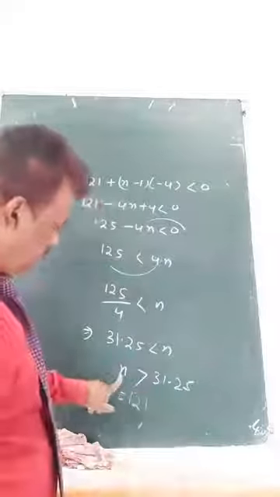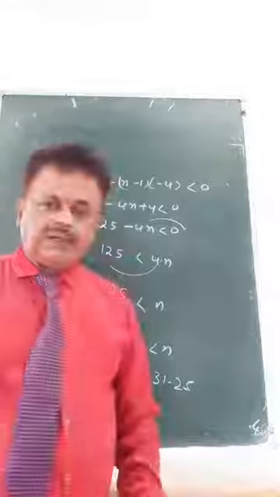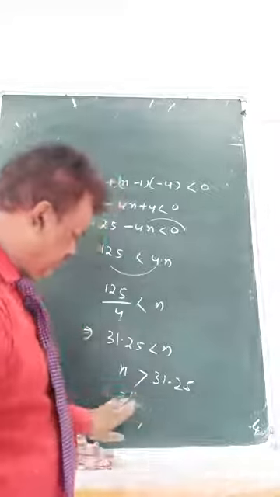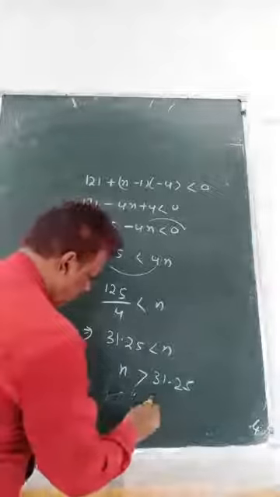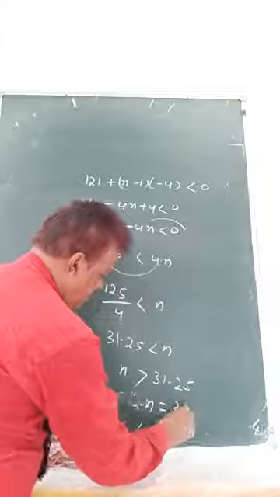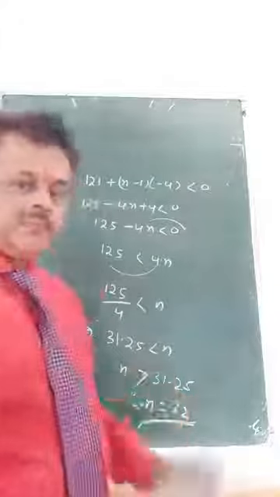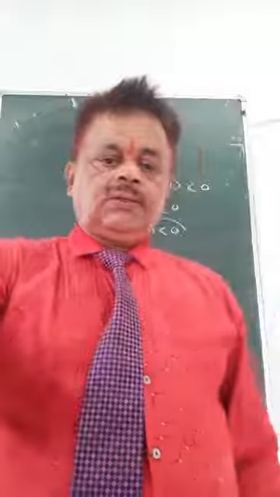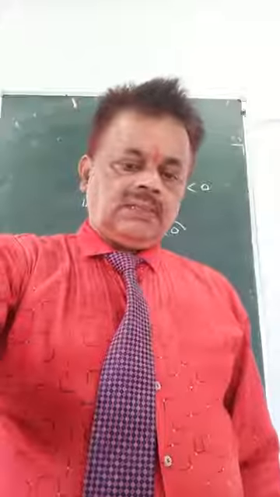That means n is greater than 31.25. What is the next integer? n equals 32. Okay, so this chapter is finished.